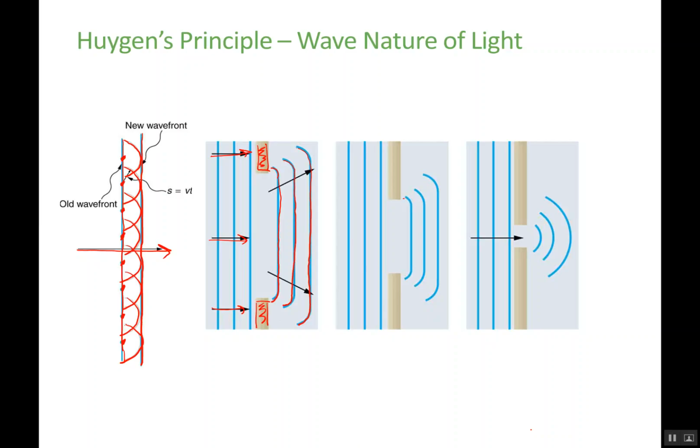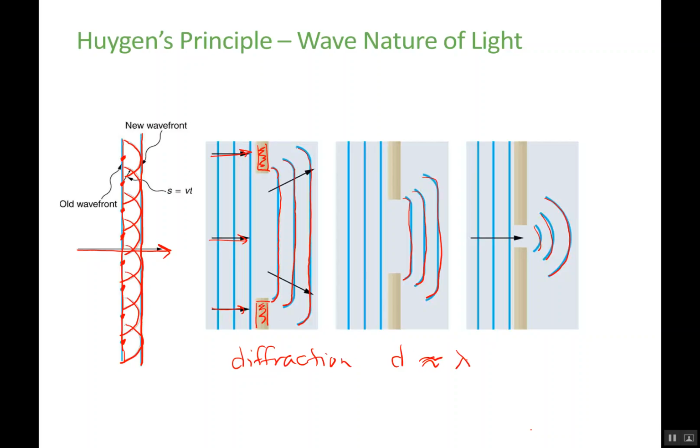This spreading out is more dramatic the smaller the aperture is. And in general, this phenomenon, which is called diffraction, occurs when the size of the aperture, called d, is about the same size as the wavelength of light.